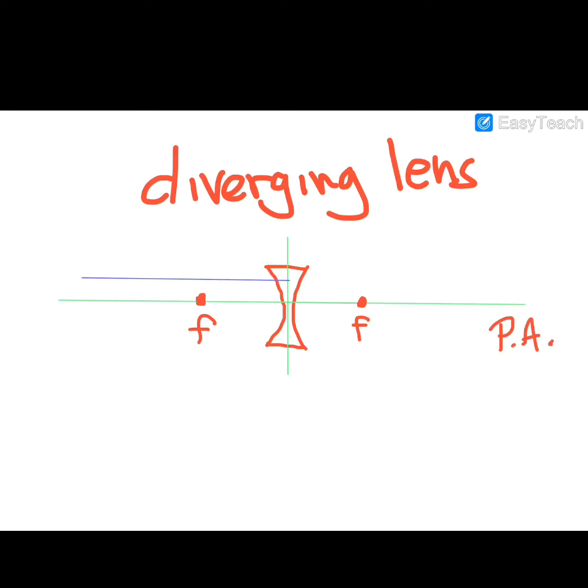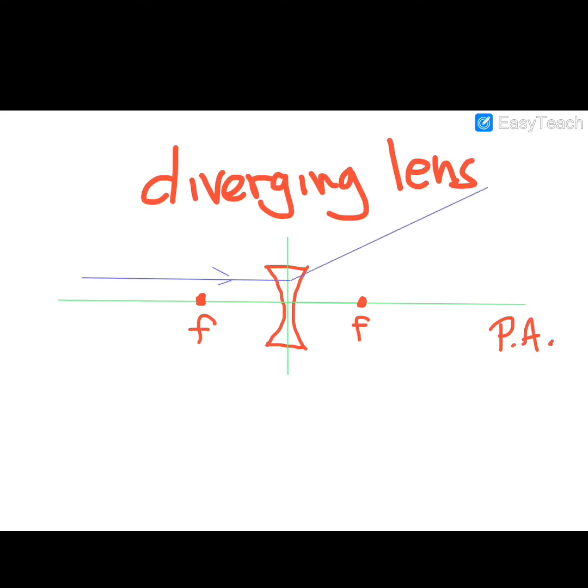So where do you suppose the ray goes if it's a diverging lens? Where does the ray go that was parallel to the principal axis before and then passes through the lens and continues on its way? Well, that ray needs to go somewhere. It diverges away from the principal axis.